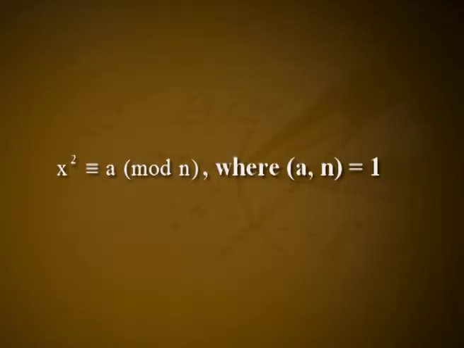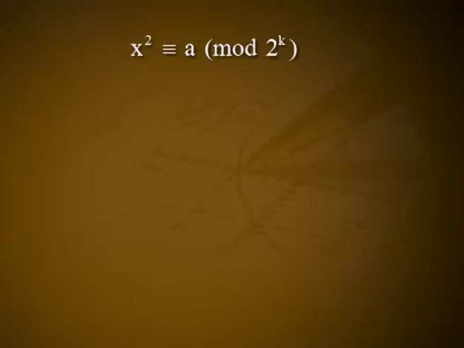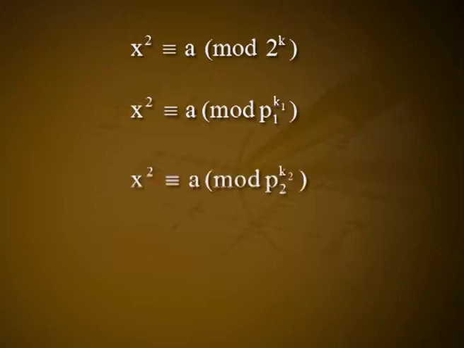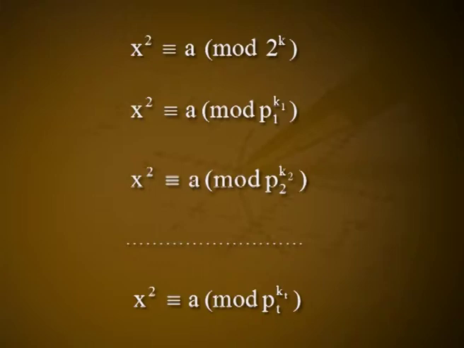Then the quadratic congruence x² ≡ a (mod n), where GCD(a, n) = 1, is solvable if and only if the following system of simultaneous quadratic congruences is solvable: x² ≡ a (mod 2^k), x² ≡ a (mod p1^k1), x² ≡ a (mod p2^k2), ..., x² ≡ a (mod pt^kt), if and only if 1.